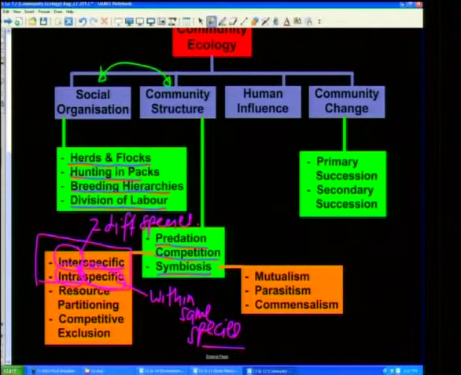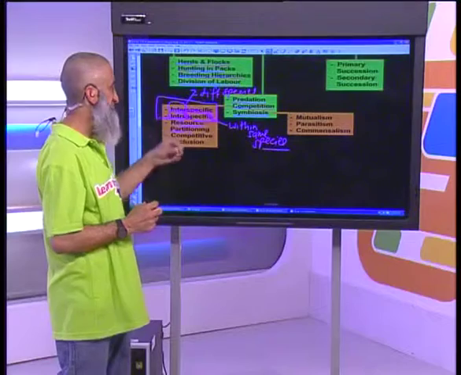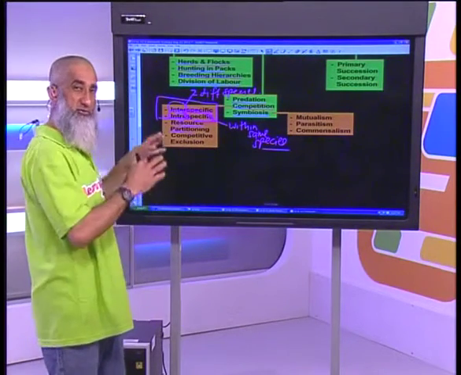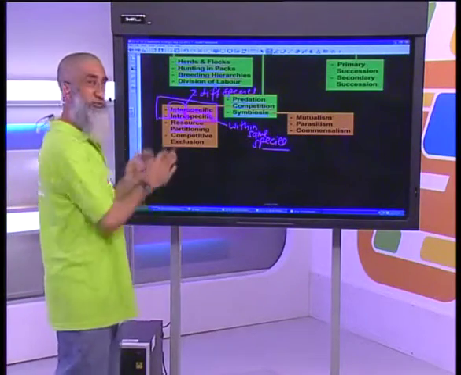Next up there would be, I just want to extend the page a little bit so we go a bit higher. Good. Resource partitioning. And we're going to look at the question dealing with resource partitioning a little later. So I'm not going to go into too much detail with that. The question itself will explain this concept.